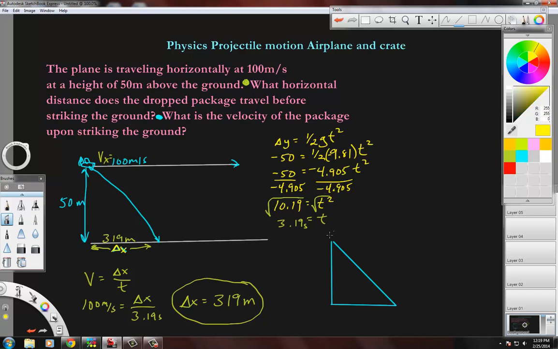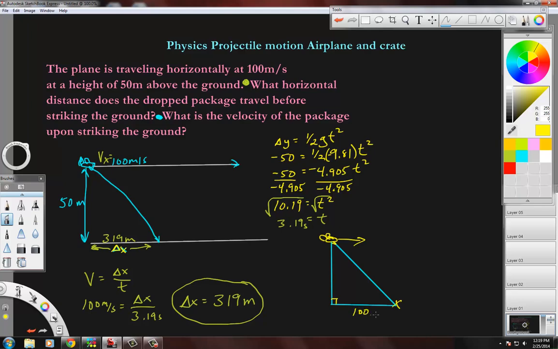So we got a plane here. There it is. And it's cruising this way. But now we're going to look at this as if it's a right triangle, which it kind of is. The horizontal velocity on this triangle, because this is where the supply crate hits the ground.